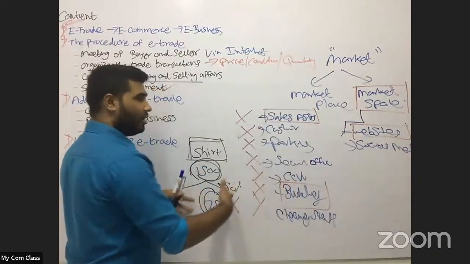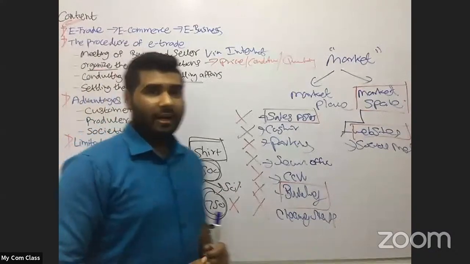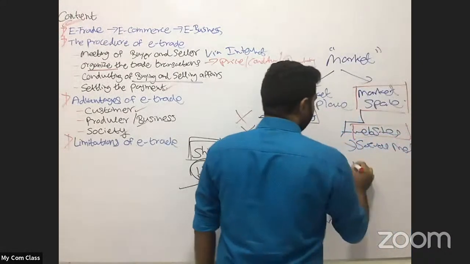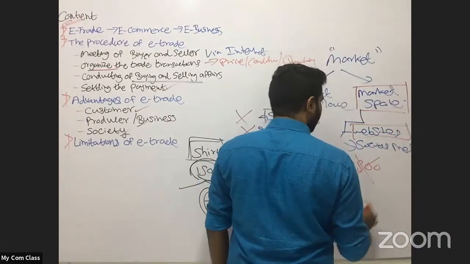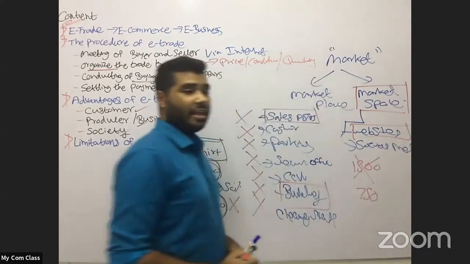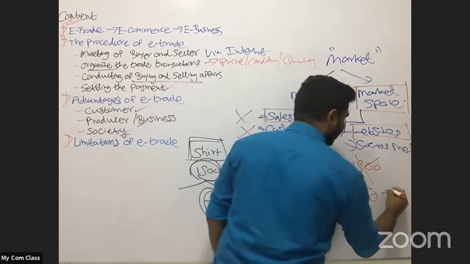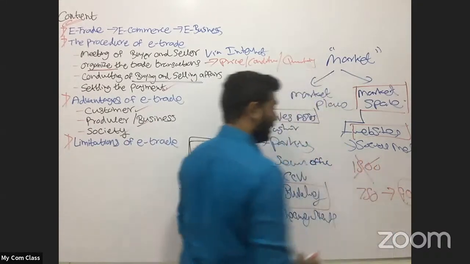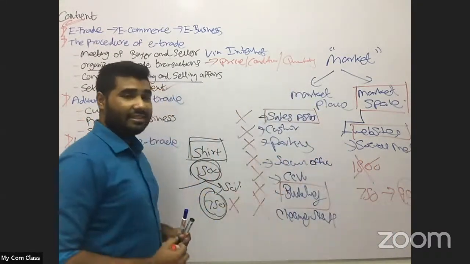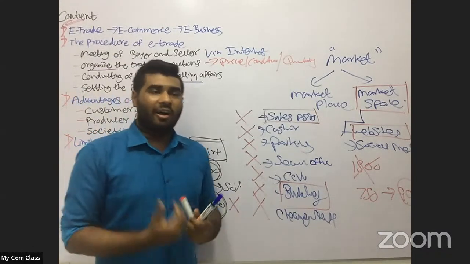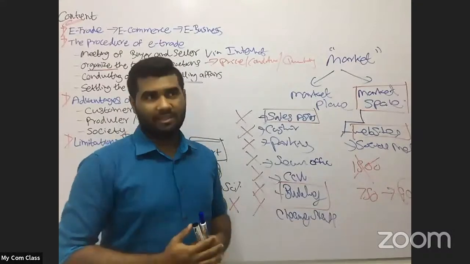So if your price is 1500, more than 50% is not just because of material. If you go online, full online or electronic trade, you can give this 1005 shirt for 750, and you increase the sales. You don't even need to go that low, you can give it for 900. Compare 1005, 900, 600, and you can purchase it. That's why you can always provide it for less cost.